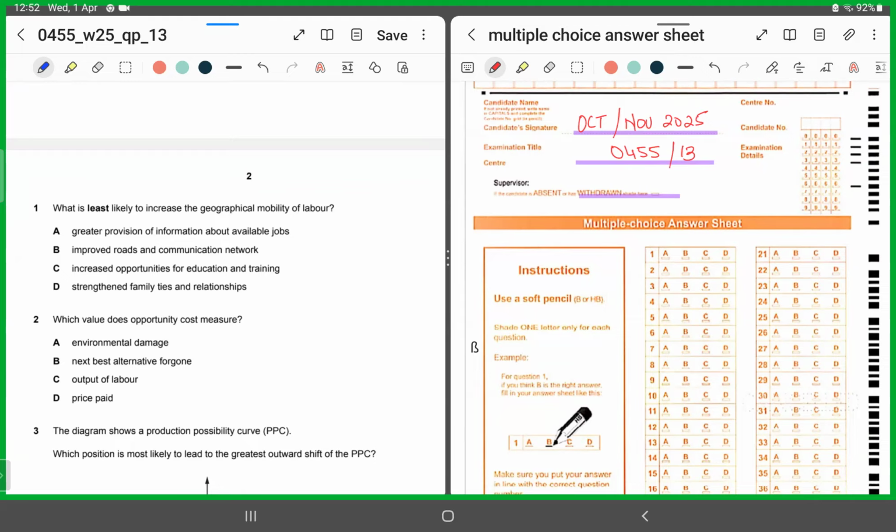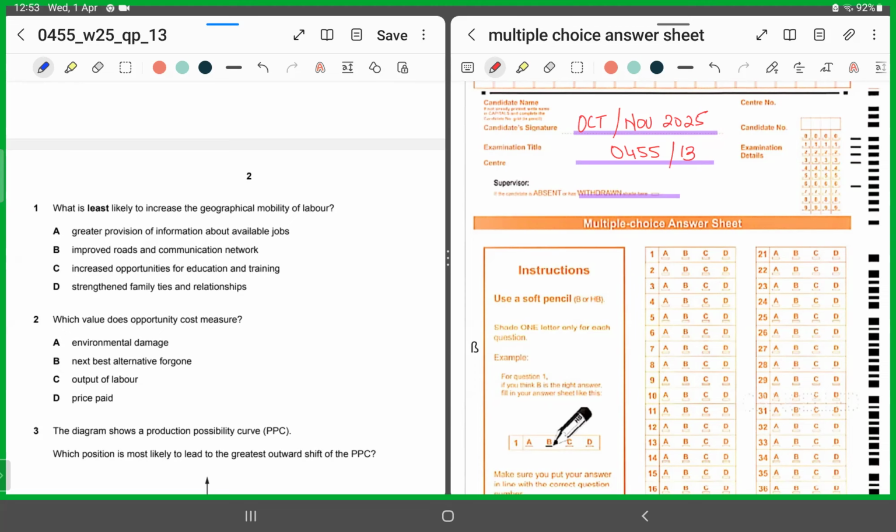Only one option would actually prevent the labor from easily moving to opt for jobs from one geographical location to another. Let's look at the responses.